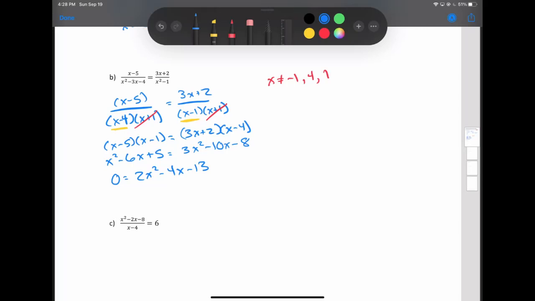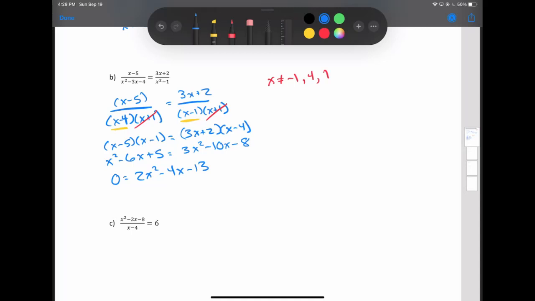We can solve it using a whole number of methods that we saw back in Unit 1, or maybe Unit 2, definitely before this. We could try factoring it. If that doesn't work, we'd use the quadratic formula. And if I try to factor that, two numbers that multiply to negative 26 and add to negative 4, I'm not seeing it, to be honest.